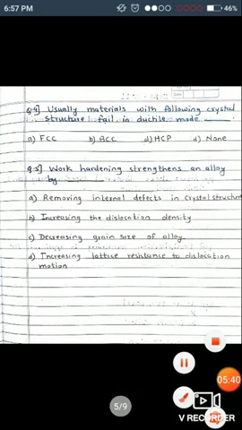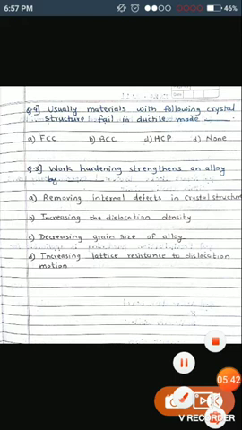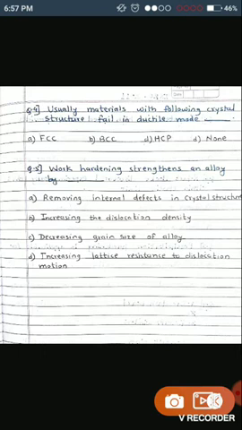Now the question says: usually materials with the following crystal structure fail in ductile mode. Just now we have seen that aluminium and copper have an FCC structure. If you consider ferrite, it has a BCC structure.